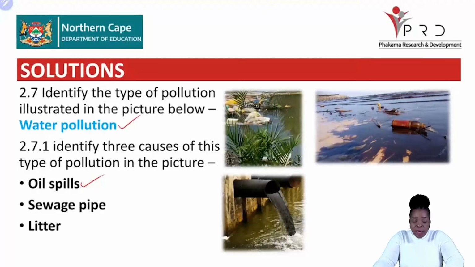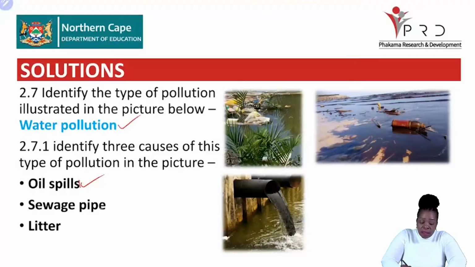Sometimes oil is spilled into the water. We have ships that carry oil, or some small boats that are on the sea can actually be leaking oil. So oil spills can actually pollute our water.